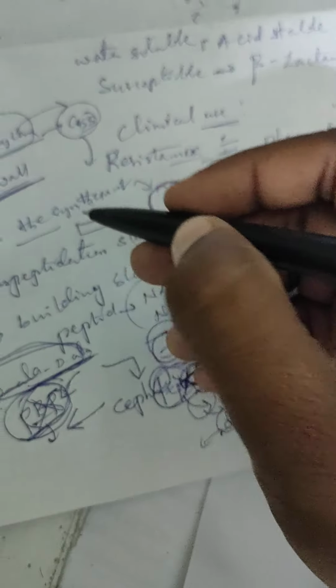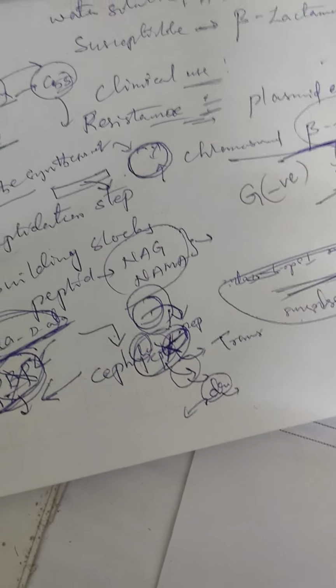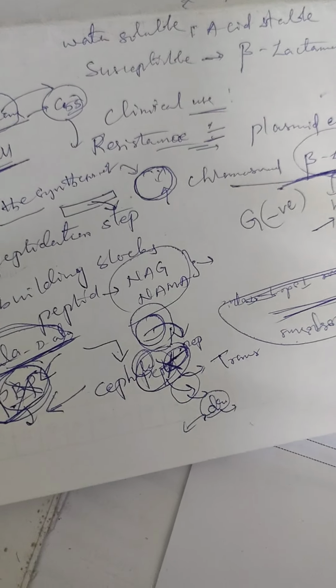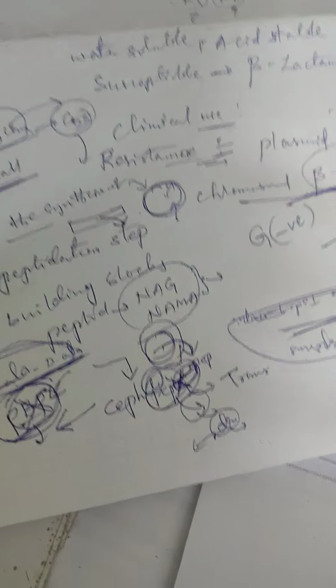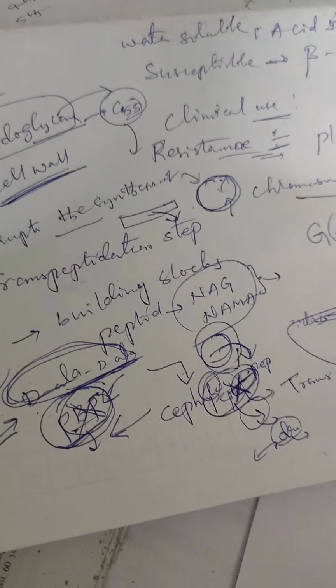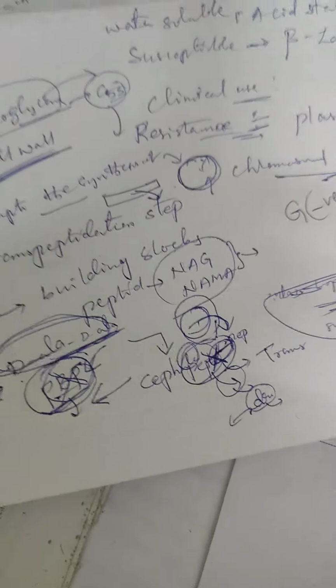Here these cephalosporins specifically inhibit the transpeptidation step. Especially the penicillin binding proteins misrecognize these, which causes disruption of the bacteria. This is the mechanism of action of cephalosporins. All the drugs which come under cephalosporins have the same mechanism of action.